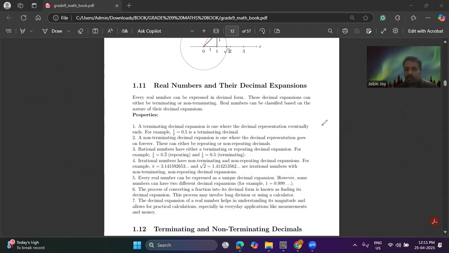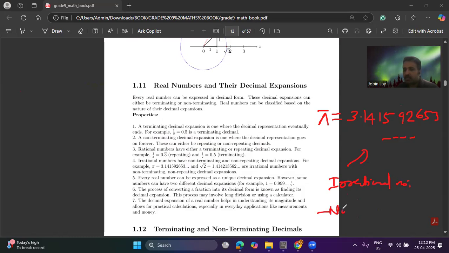Then coming to the next one, pi. So what is the value of pi? So the value of pi is 3.141592653, etc. Right? So this is an irrational number, and this is non-terminating, non-repeating, because you can't see any pattern.